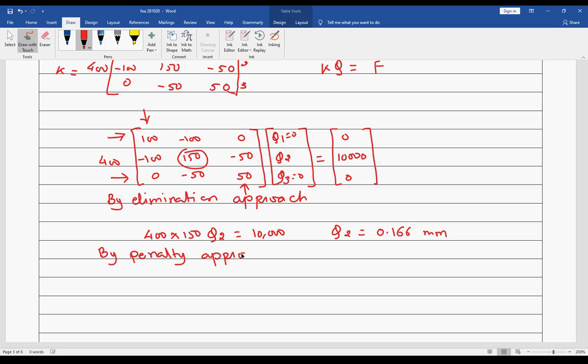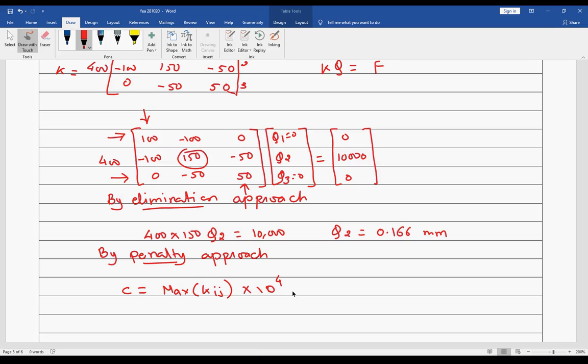So remember in the examination, watch carefully these two words. Sometimes they say use penalty approach. Okay. So first target is to find out the C, the largest value. So this is equal to max of Kij. I will use 10 to the power 4 to ensure that my calculation is easier.